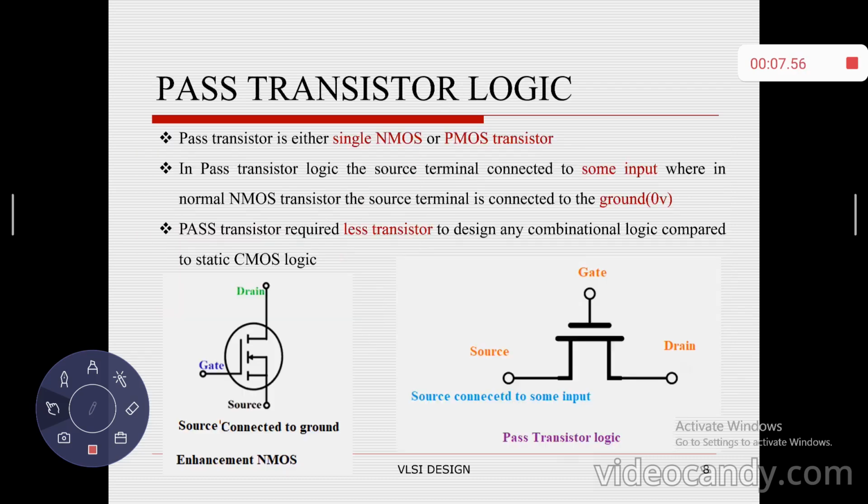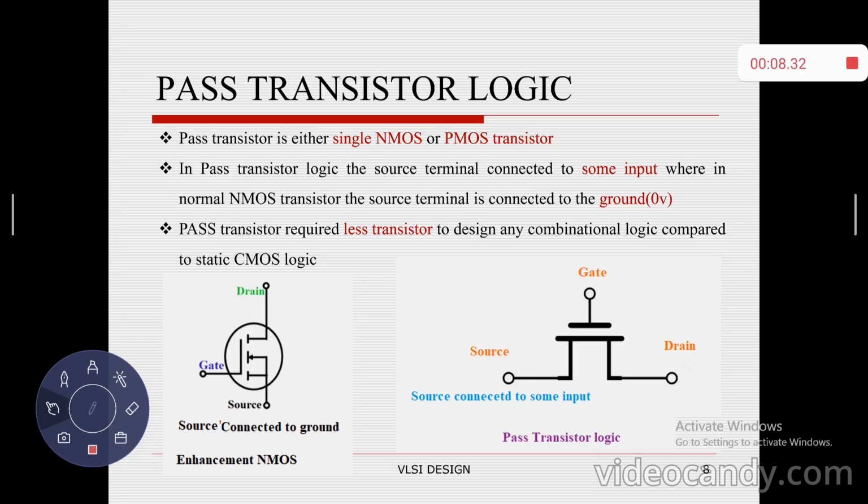A pass transistor logic is nothing but a single NMOS transistor or a single PMOS transistor acting as a pass transistor. You might ask how it differs from a normal NMOS transistor. Look at the graphical symbol of the enhancement NMOS transistor. In an enhancement MOS transistor, the source terminal is connected to ground. Whereas in pass transistor logic, instead of connecting to ground, the source is connected to some input signal.